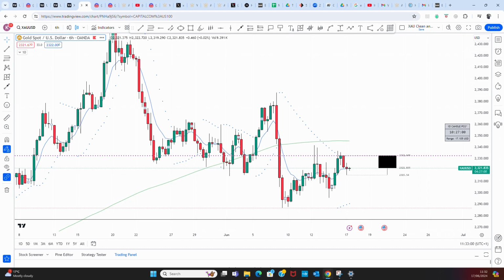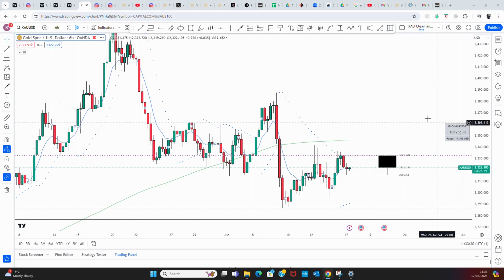So breaker at 2363 on the 6R. Look for shorts at around 2357 to 63, but again it's not solid.